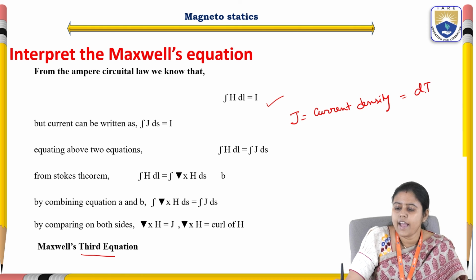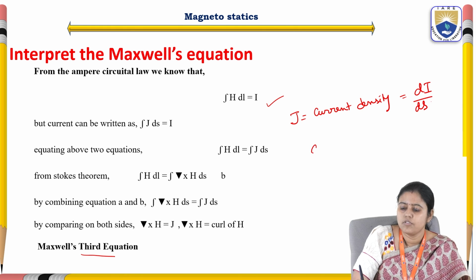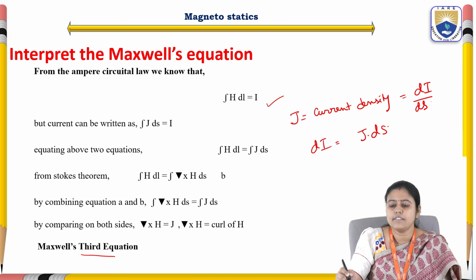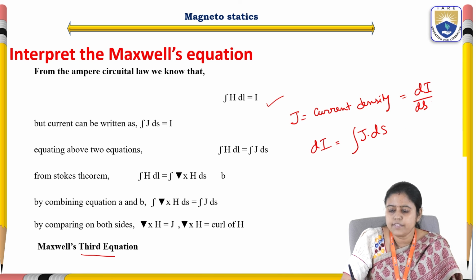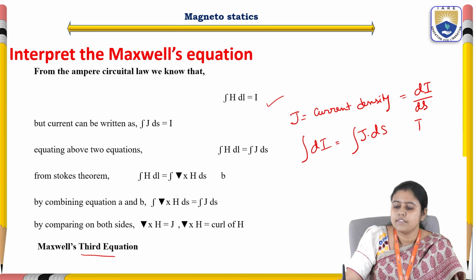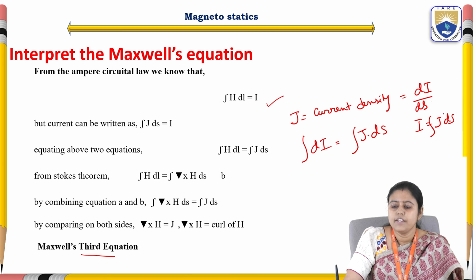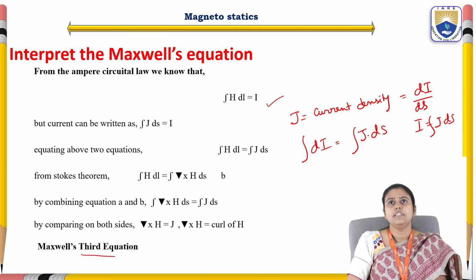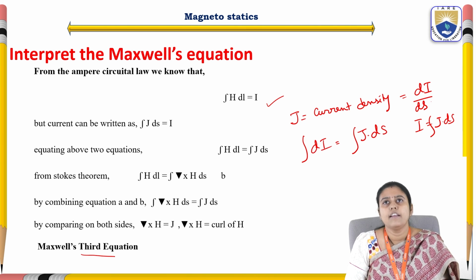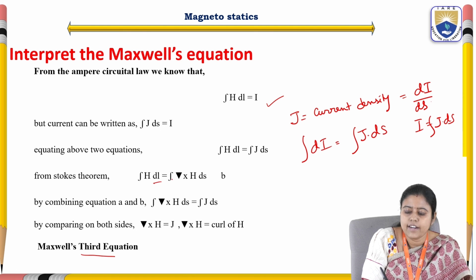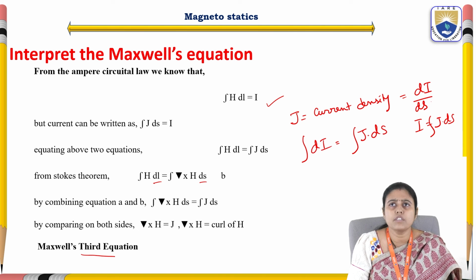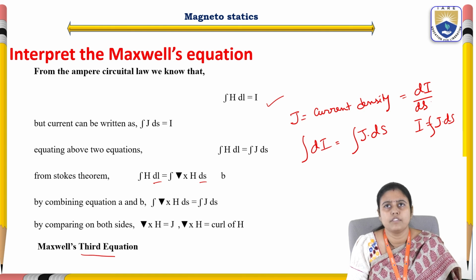J is equal to dI by ds, so dI is J into ds, where ds is the surface area. So I is equal to integration of J dot ds. So H dot dl is equal to J dot ds. Now, as this is dl and this is ds, we have to apply the Stokes theorem to equate both sides.